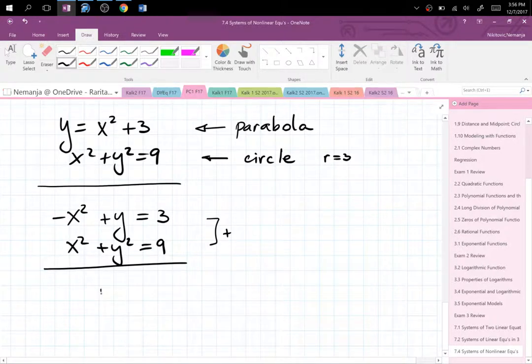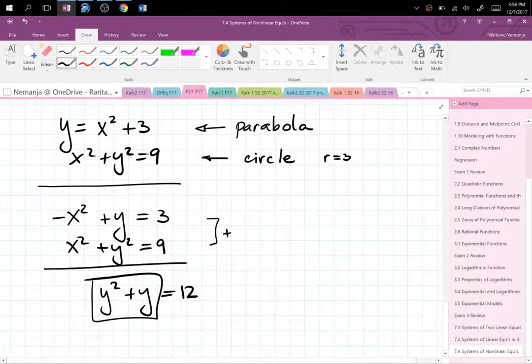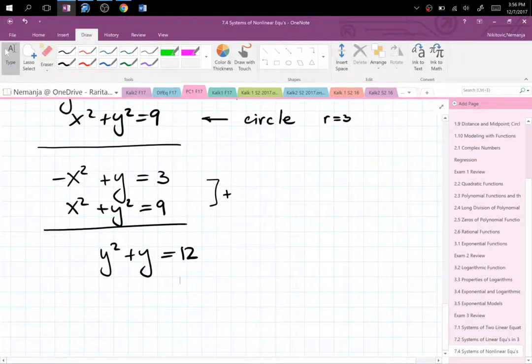The x's will die, and you have y squared plus y equals 12. Right, 3 plus 9 is 12. You can't add these. I know you are used to adding those, but now they're not like terms. One is y squared. So they can't be added. That's why we list them both, and then it equals 12. Now you subtract 12 from both sides, so y squared plus y minus 12 equals 0.